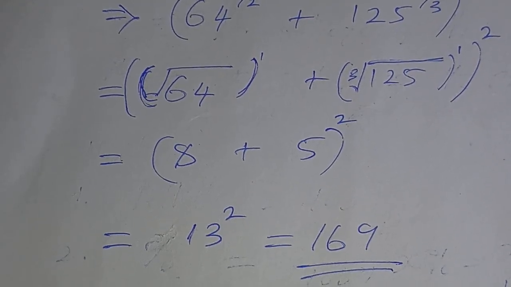So with that, you can do this by evaluating using that fourth law, making 64 the square root because the denominator of the fractional power is 2. That's the square root of 64 plus the third root of 125. That's just it. To give you 8 and 5, you join them together by summing them. That will give you 13. 13 all squared will give you 169.